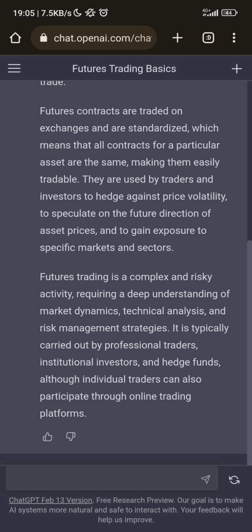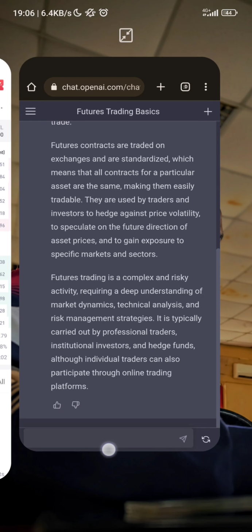It is typically carried out by professional traders, institutional investors and hedge funds, although individual traders can also participate through online trading platforms, right? Because it involves leverage, because you're trading on borrowed capital, it's much riskier than spot trading, and we'll see why it's much riskier.